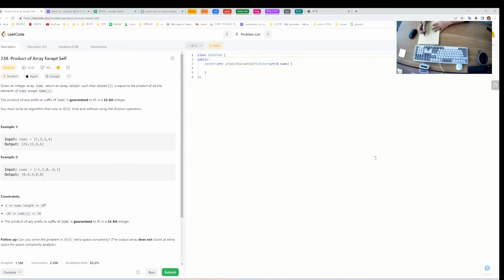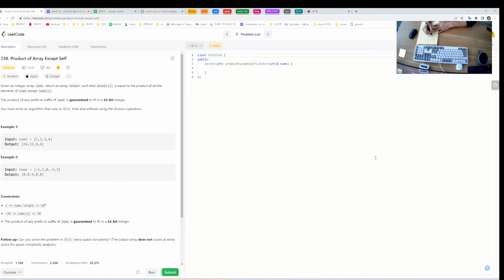In real life, there is no way not to use division, but here I actually know how to solve this. Division is one way to do that, and another way is to maintain some arrays of left and right.